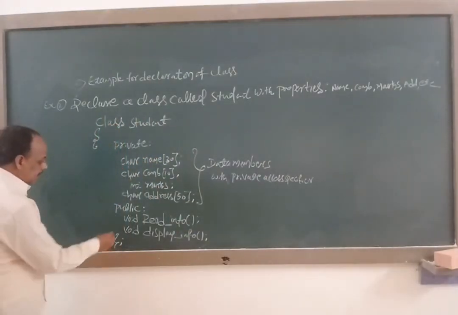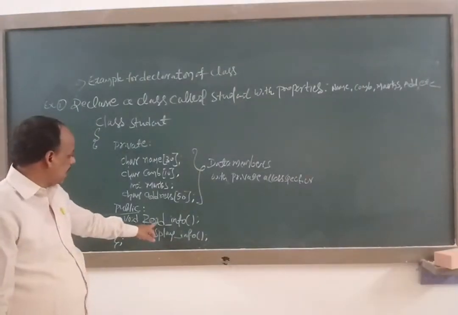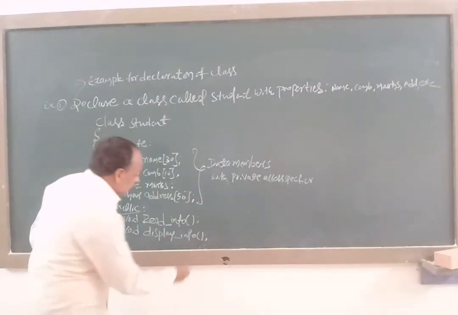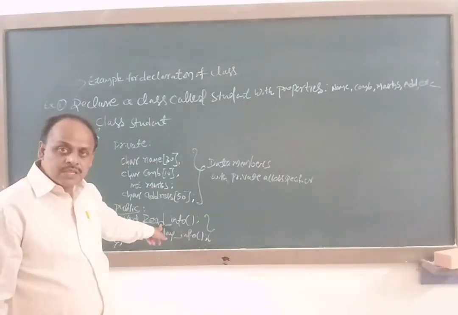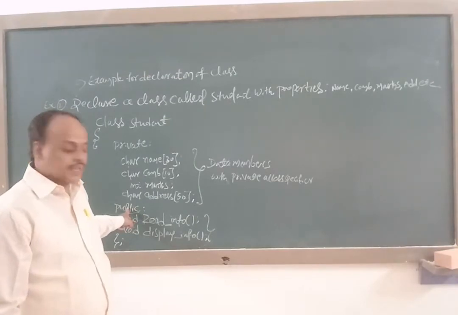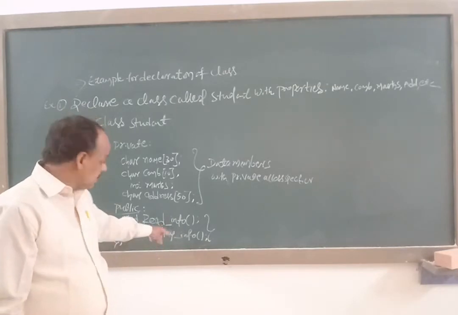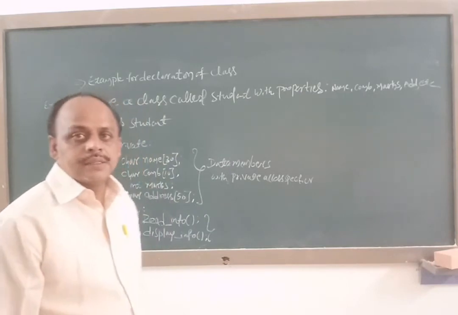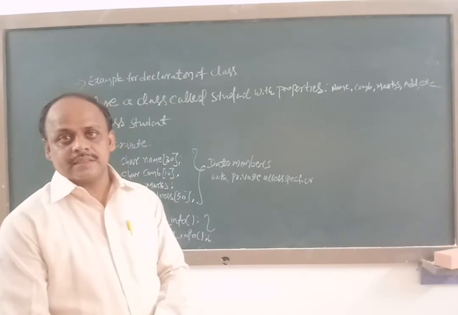Afterwards, in the public access specifier, I wrote void read info and void display info. These two are member functions under the public access specifier, right? So in this way we have to create a class.